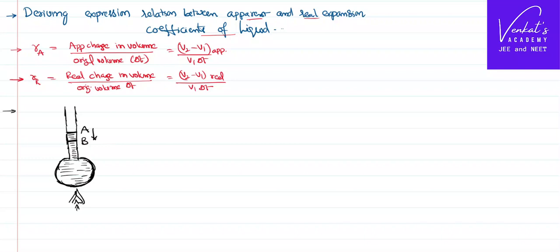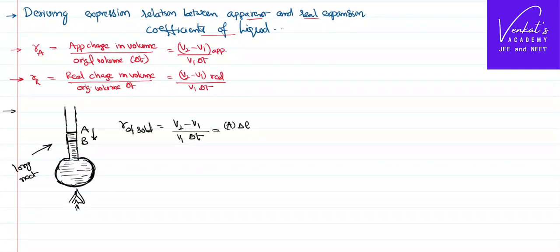That is, gamma of that solid can be written as the ratio of change in the volume of that solid container by volume V1 and delta T. The change in volume can be written as area of cross section into change in the length in this cylindrical long neck.